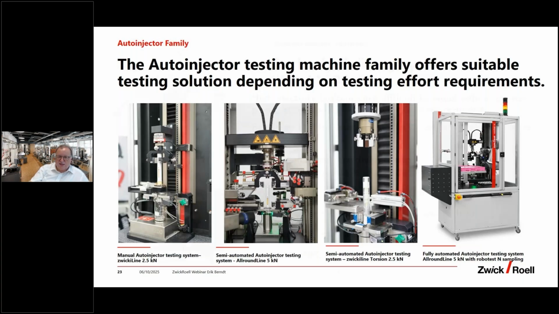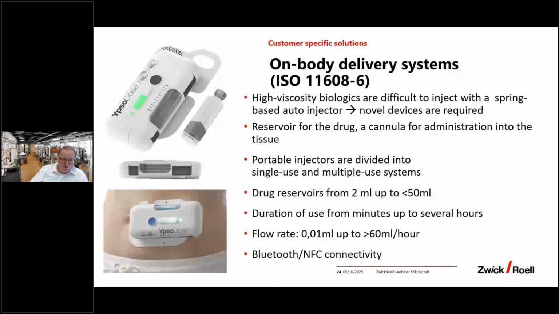What I missed is the last part of the standard, and this is the ISO 11608-6, the OBDS, On-Body Delivery Systems, and we have some standard solutions now for the testing of your OBDS devices in conformance with this standard. These are drug devices targeting higher viscosity and significantly longer injection times.